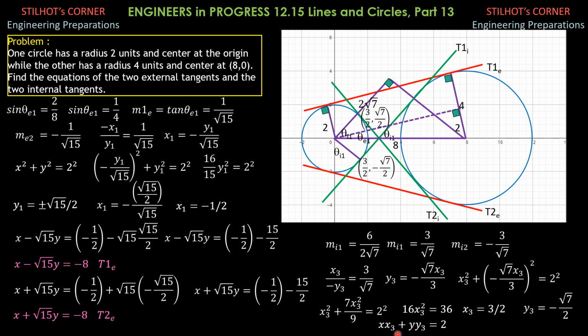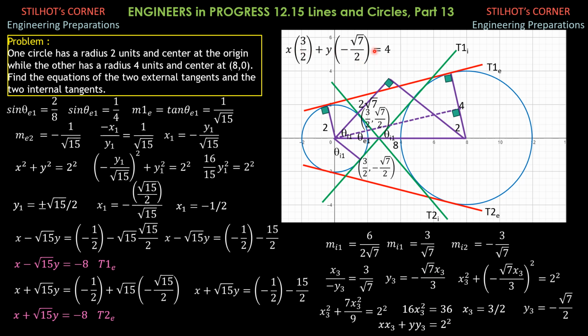So this is the other technique. x times x3 plus y times y3 equals 2 square. For the internal tangent 2, x times x4 plus y times y4 equals 2 square. So x times x3, which is 3 halves, plus y times y3, which is negative square root of 7 over 2, equals 2 square or 4.